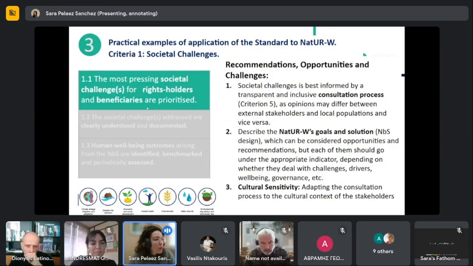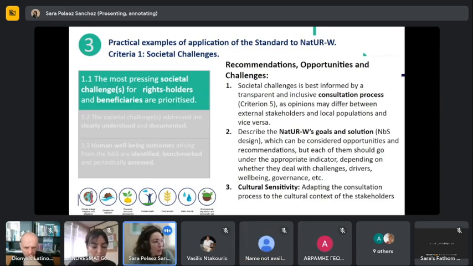In terms of recommendations, opportunities, and challenges, here are some tips that are just for NatUR-W, but could be transferred to your own projects. Societal challenges are best informed by a transparent, inclusive consultation process.